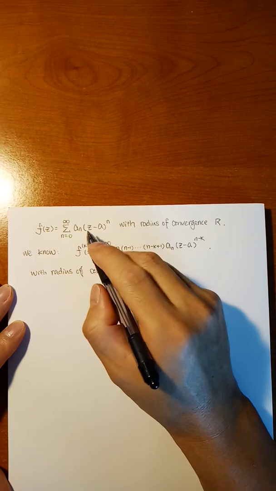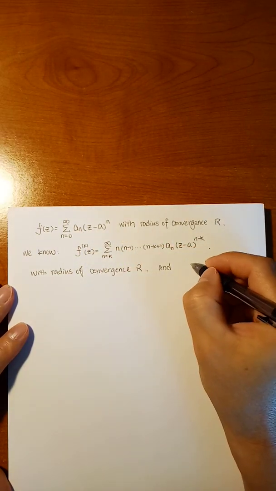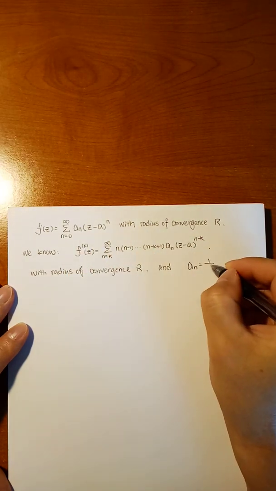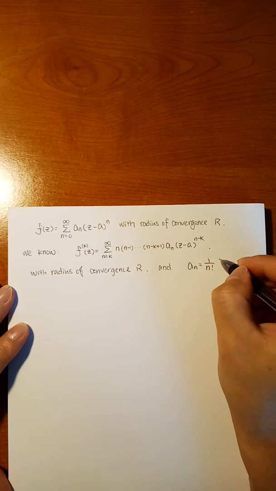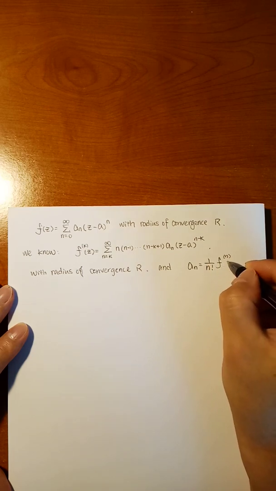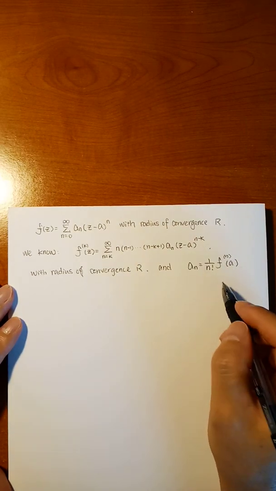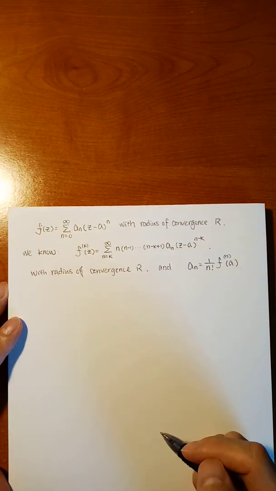Also, we know that when we have those derivatives, the coefficient a sub n is represented as 1 over n factorial times the nth derivative evaluated at a. You have to evaluate at the center. Okay, so this is what we know.